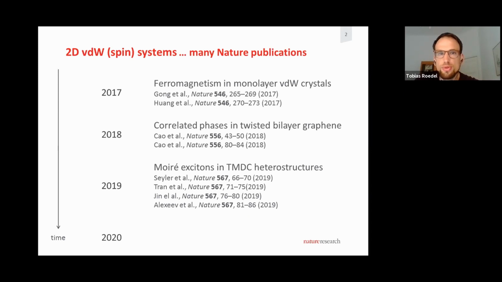So all this to show we published quite many papers on 2D van der Waals systems, and we continue to do so also this year, because this is a really exciting field with a lot of different developments. As we already see during the conference, the degree of freedom to stack these different layers together or to twist them gives so many different opportunities to control the properties of these materials. So this is really a topic which we will continue to cover.